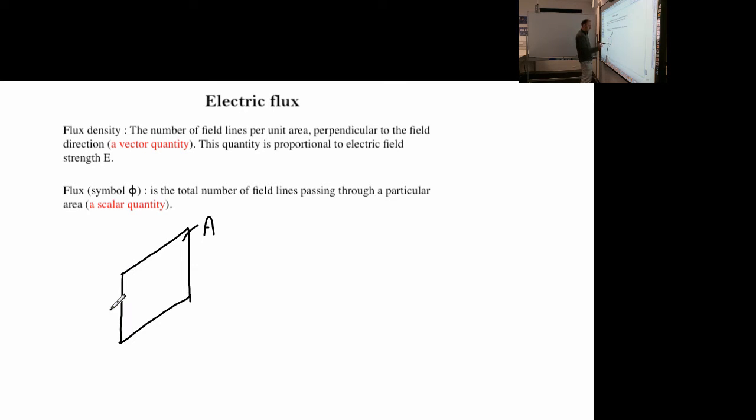This surface is nice, smooth and flat. This is our electric field passing through perpendicular.